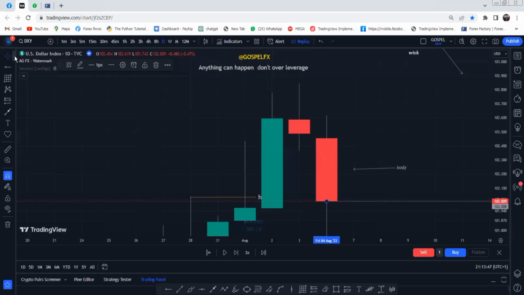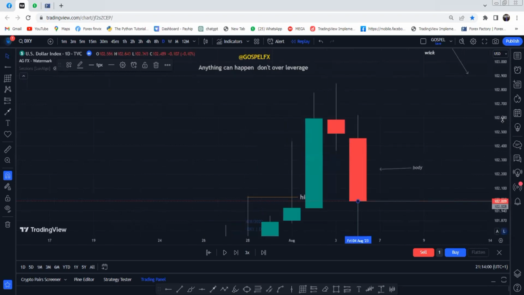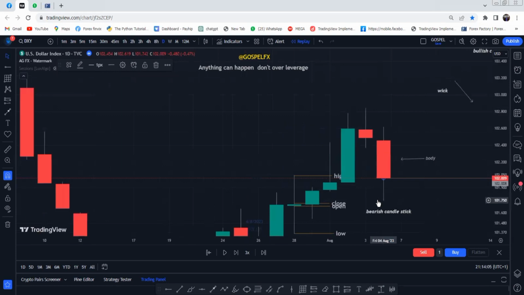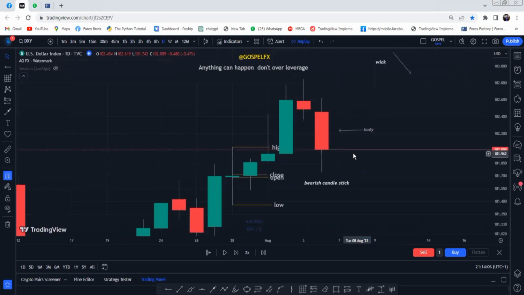That's the close of the candle. The high of the candle is 102.625, and the low comes in at 101.743. So that's how you read candles.